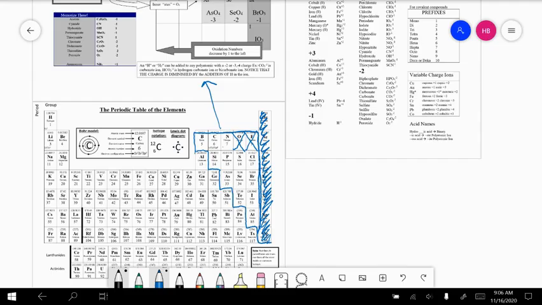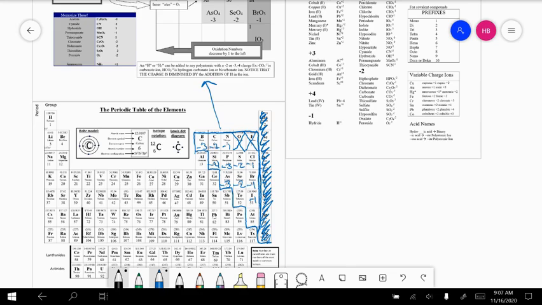So let's go through the charges. Remember, charges march in -1, -2, -3, all the way across each of these. So those are the charges on every one of the polyatomic ions.